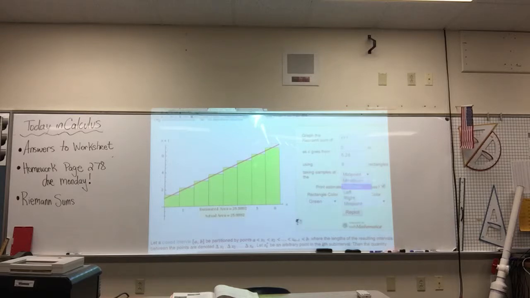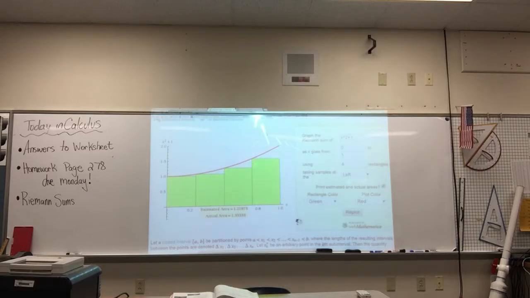Okay, so what we're going to do is left hand, right hand, and midpoint Riemann sums. And we're going to demonstrate how to compute this, and try to get exactly what the answers are for each one of these. And we're going to make it simple. We're just going to do 4.